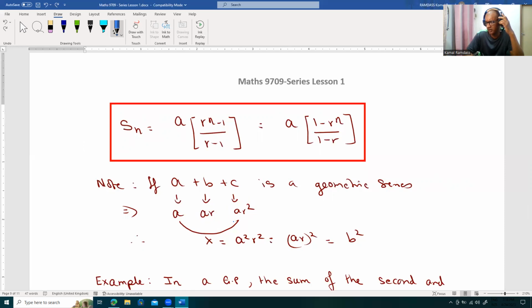When we multiply A by the next term, A times AR square, I get A square R square, the same as when I take the middle term and square it, AR squared. That means A times C is equal to B square. A times C is equal to B square.